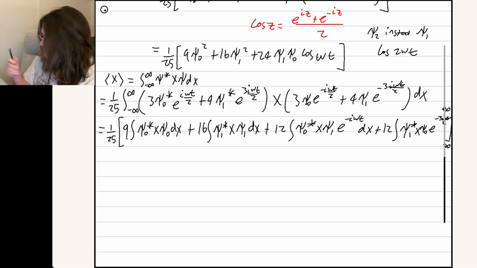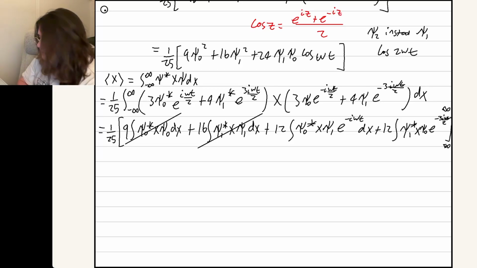And I think I proved in the last problem from Griffiths on this channel that in general the expectation value of position for any one particular eigenstate of the harmonic oscillator goes to 0.